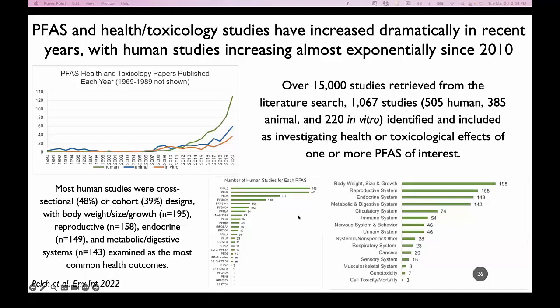And you can also see in the graph on the bottom right that body weight size growth, reproductive, endocrine, and metabolic and digestive systems are the most commonly examined health outcome groupings in those studies. We also, and it's not shown here, were also able to determine that most human studies were cross-sectional or cohort study designs. So things like that have given us some really nice high-level information about PFAS research over the last few decades.